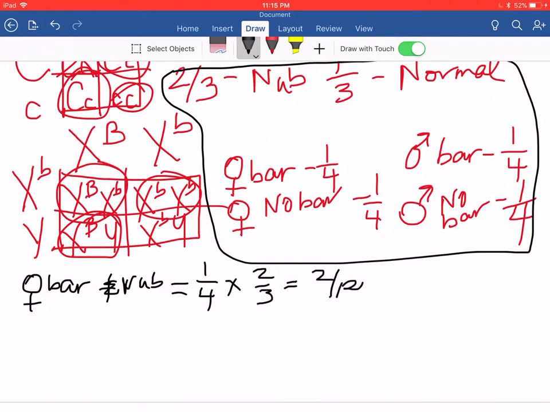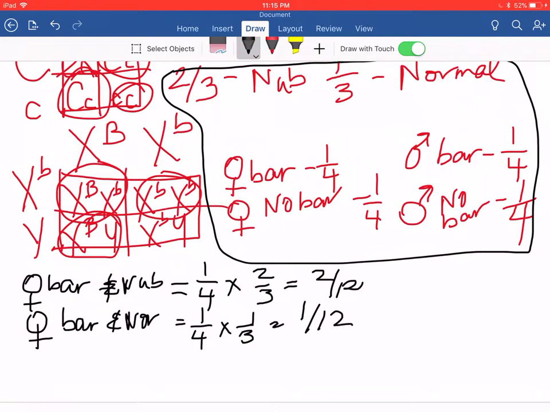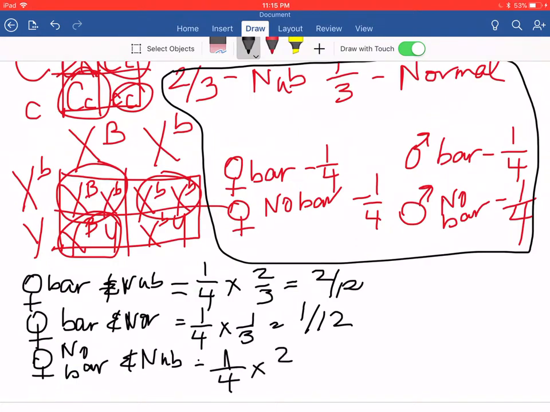Okay? We can have a female who is a bar and normal, which would be at a rate of 1/4 times 1/3, which would be 1/12. We can also have a female that is no bar and nub, which would be 1/4 times 2/3, or 2/12.